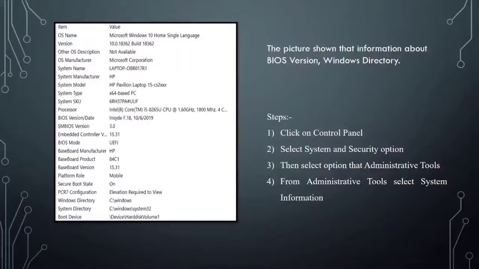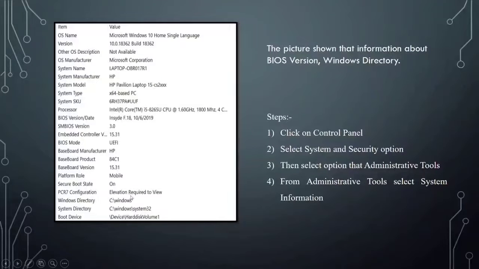The second is we're going to know our BIOS version and Windows directory. In my computer, the BIOS version is F.18. The date is 10th June 2019. The BIOS mode is UEFI.